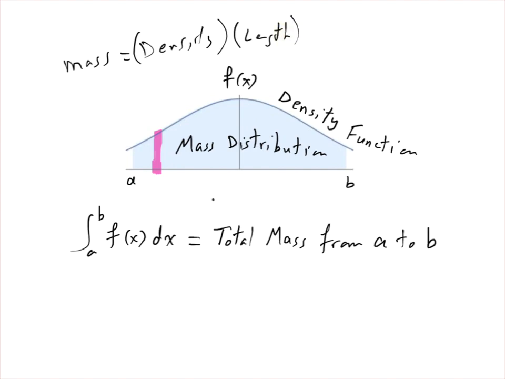It's a linear density. So by adding all these little areas, you get the total mass from A to B, and we represent it by the integral from A to B of f of x dx, and that's the total mass distributed over the interval A to B.